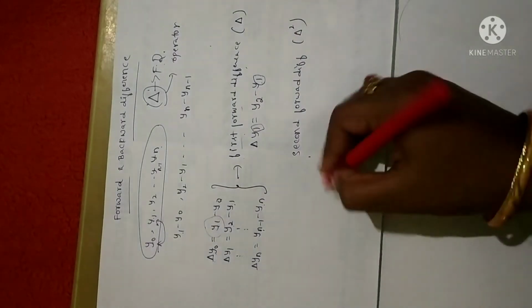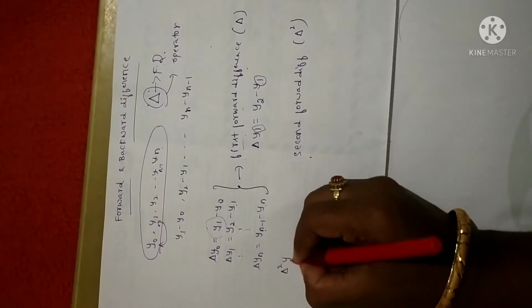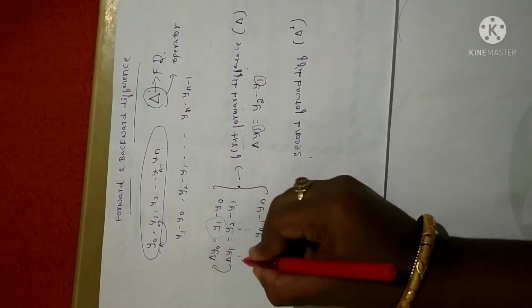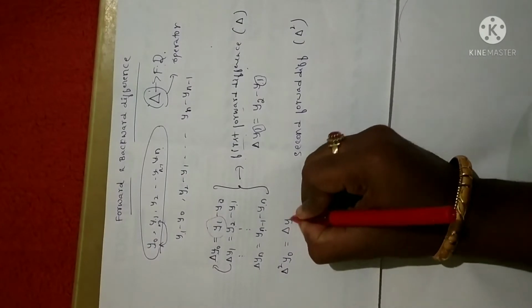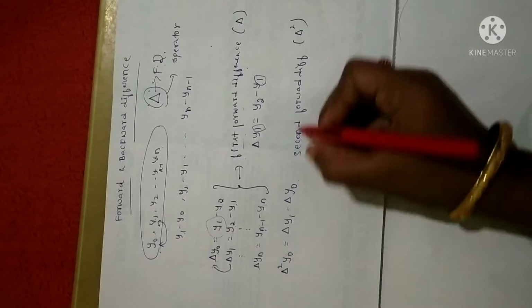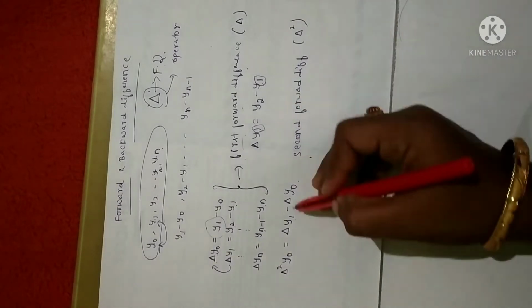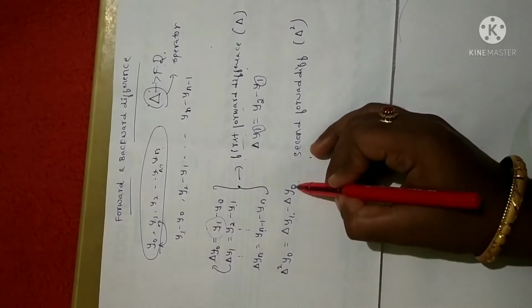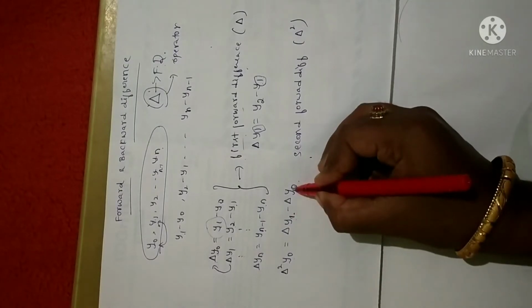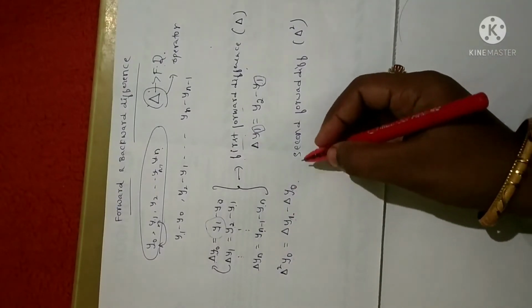See here, delta square y0 can be calculated by using these two differences. Am I correct? Delta y1 minus delta y0. Obviously, largest term minus smallest term will be the forward difference. The minute I say forward, it is largest minus smallest. In terms of suffix I am discussing this just for memorizing purposes.